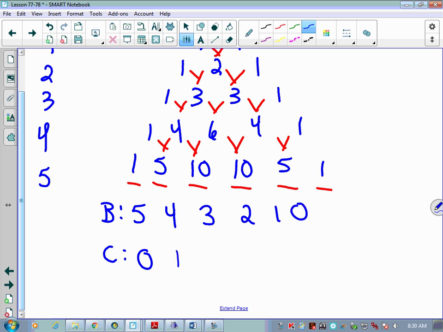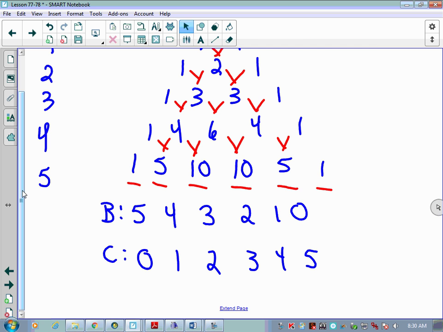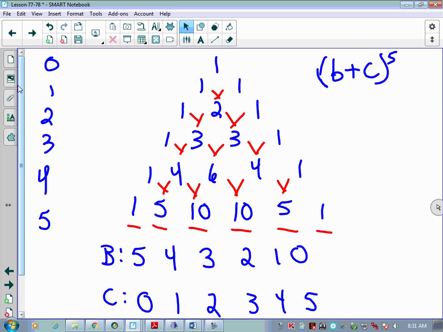This is going to go up 1, 2, 3, 4, 5. The second term will start at 0 and go up to the maximum. The first one will start at the maximum and go down to the minimum, okay? Whatever my exponent was that I started with is my maximum, okay? 0 is always the minimum, okay?